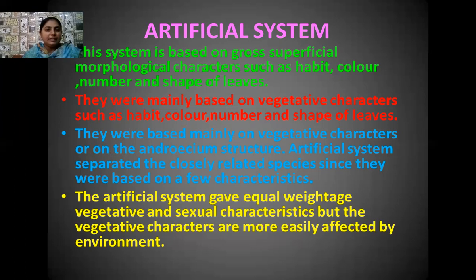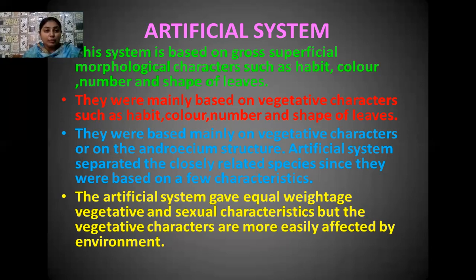And the main thing regarding this is, besides the vegetative characters, the structure of the androecium was also considered by the scientists. So that is totally a different thing. The artificial system of classification separated closely related species on the basis of few characters.